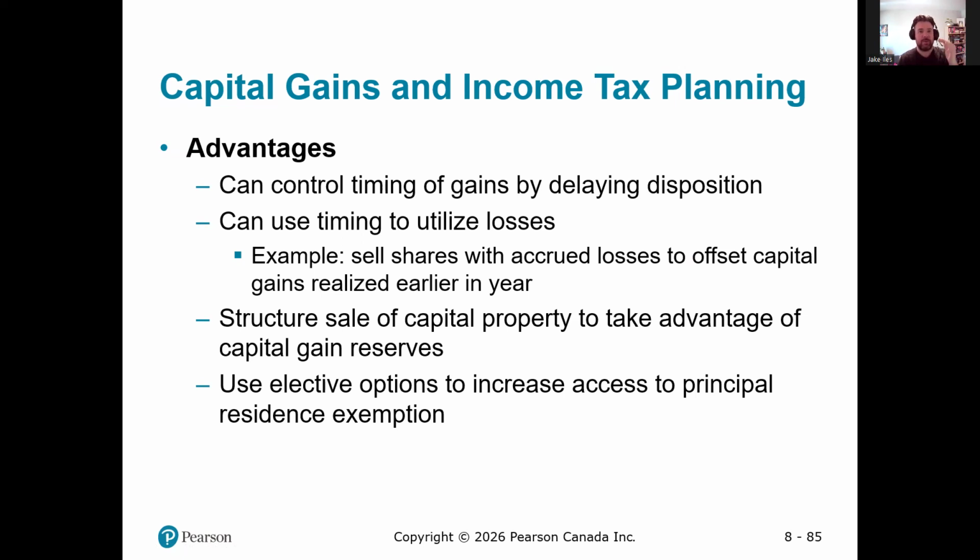Let's say my income's going to be $30,000 less next year. So since I have this low income year, I could choose that year to sell some of my shares that I know have capital gains, report them at 50%, and bump up my income to a level I usually have it at. So that allows me to use the timing of my income to control when I realize those capital gains, when I report them.